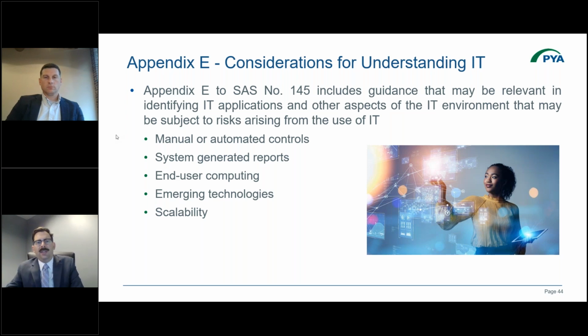One item the Appendix E discusses is how manual or automated elements of IT controls can impact risk assessments. The guidance indicates that automated IT controls may be more reliable than manual because they cannot be bypassed or ignored as easily. Automated controls are also less prone to simple errors or mistakes. So the guidance goes on to say that automated controls might be more effective than manual controls for situations involving high volumes of recurring transactions.